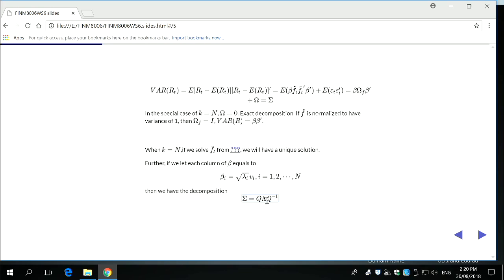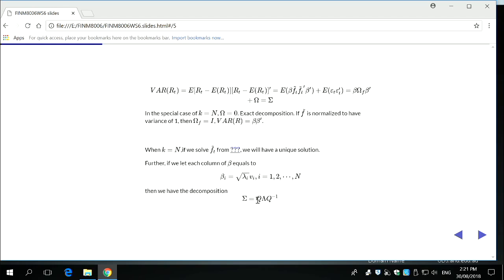And the lambda is this diagonal matrix, and in each diagonal you have this small lambda i. And we know this beta times beta prime is just sigma. Right, so the covariance matrix can indeed be decomposed into this form if we set beta equal to square root lambda v i.